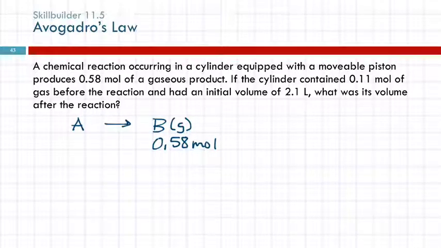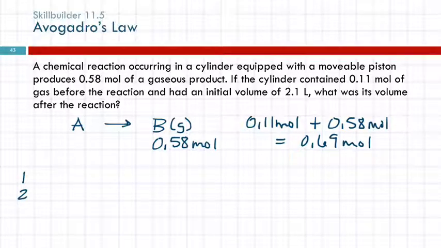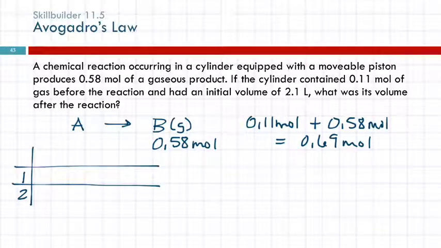So what this means then is we're starting with 0.11 moles of gas, and after the reaction is going to add 0.58 moles. And so our final amount of gas is 0.69 moles. See that? Ones and twos. So the cylinder had 0.1 moles to start with.